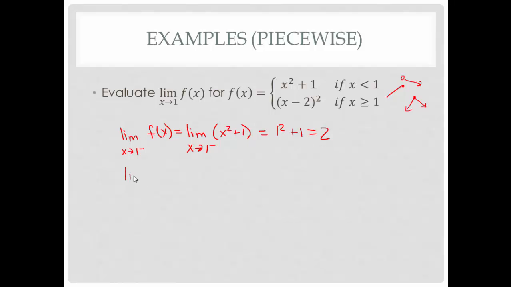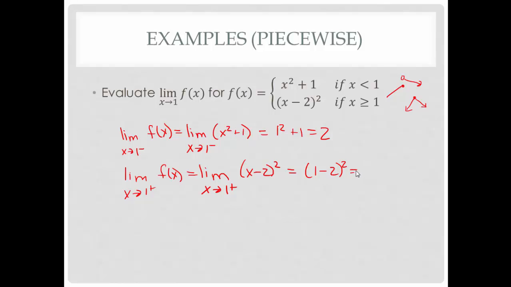If we look at the limit from the right, the limit as x approaches 1 from the right on f of x, now we're coming at 1 from numbers larger than 1. So x is greater than or equal to 1. This is the piece we'll use. Well, in that case, our function is determined by (x minus 2) squared, which again is a polynomial, so you're eligible for direct substitution. So that's (1 minus 2) squared.